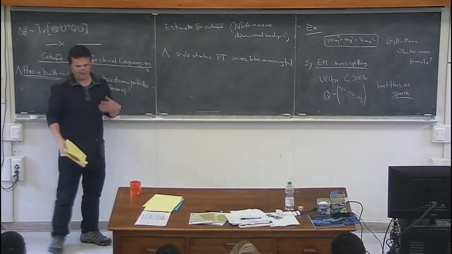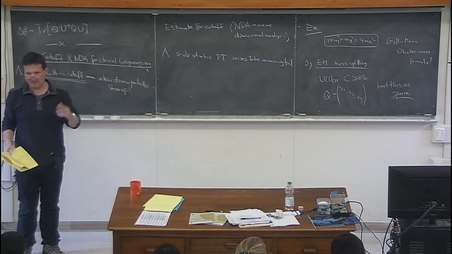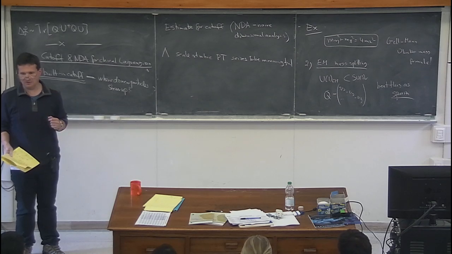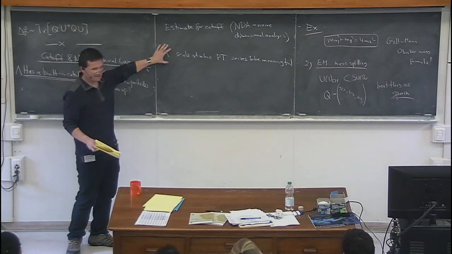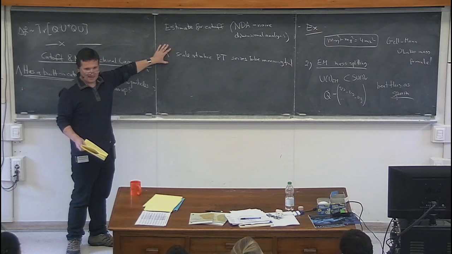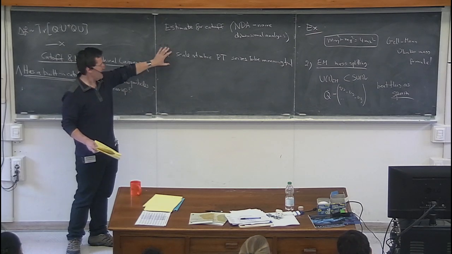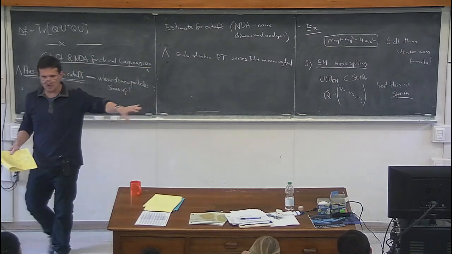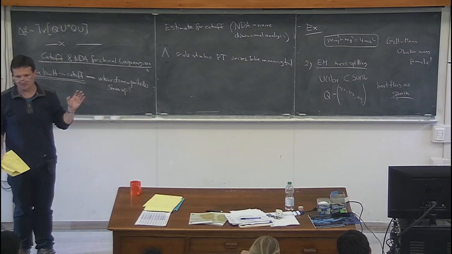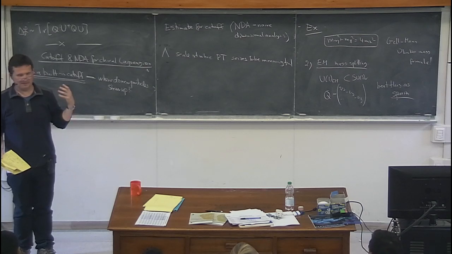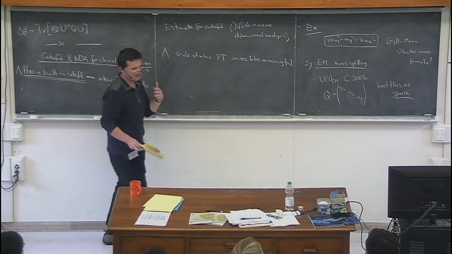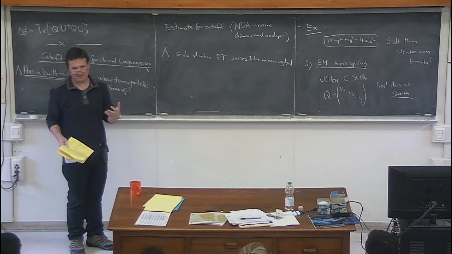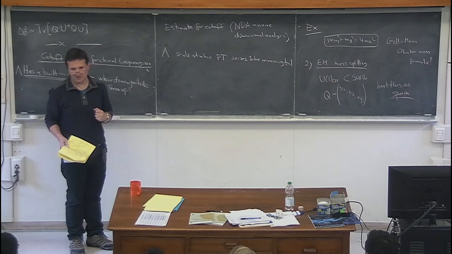And the way I translate that is to just do a loop calculation in my effective theory, cut off all the divergences at the scale lambda, and say that I will demand that my loop corrections are not bigger than my tree-level corrections. That's the procedure, which is called naive dimensional analysis, which is roughly trying to estimate what the intrinsic cutoff scale of this theory is actually going to be.